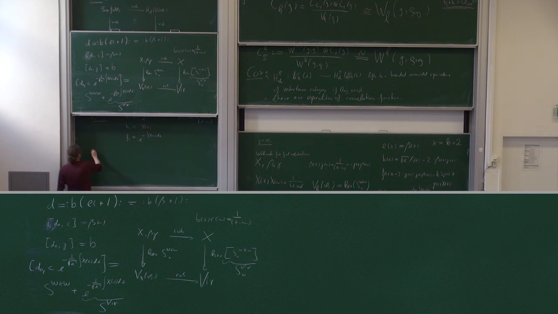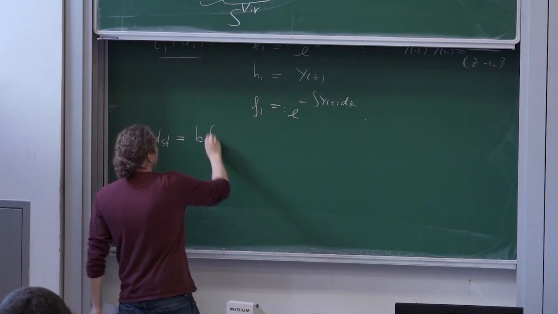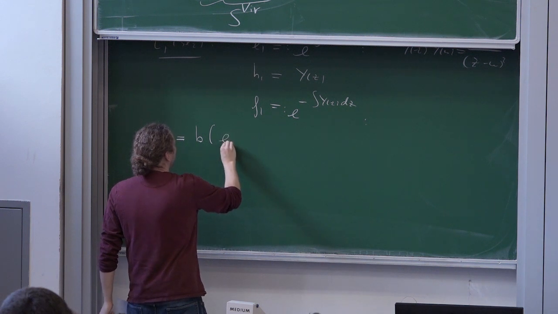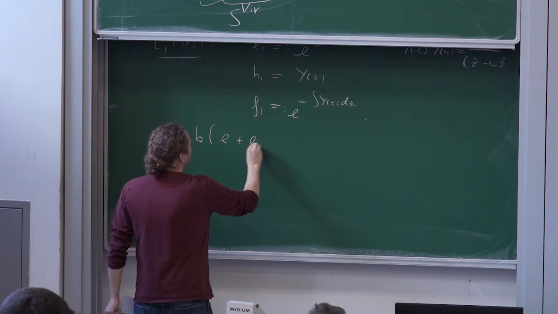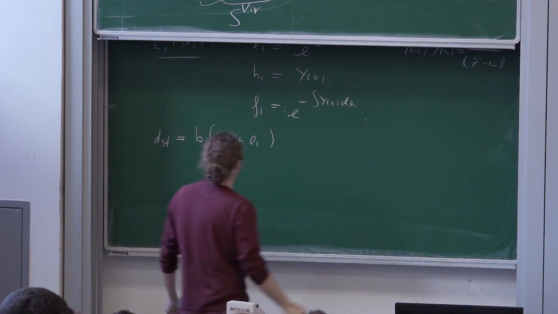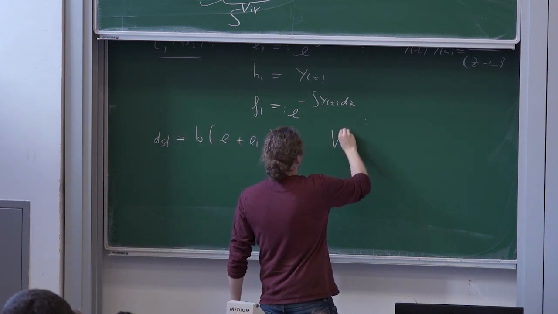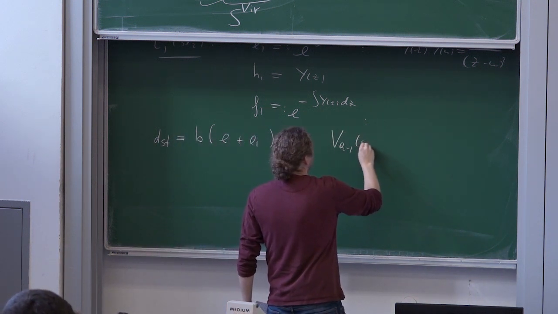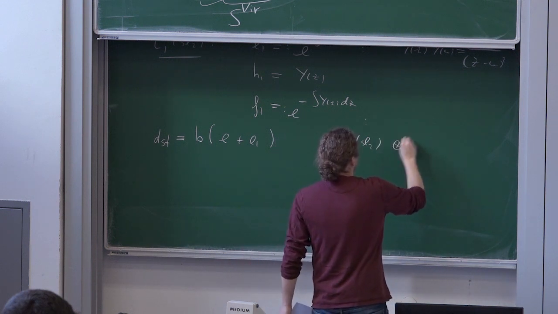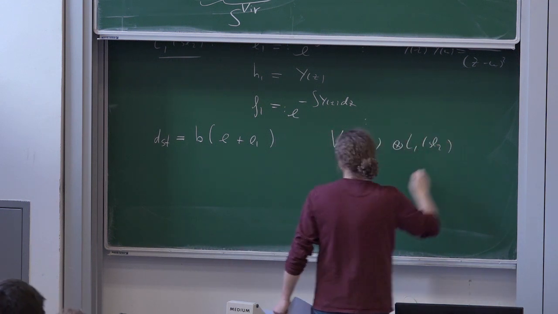I take the standard semi-infinite algebra cohomology on the diagonal SL2 algebra. So I take the differential B times my E plus my E1. So this is now inside V_{k-1} SL2 times L_1 SL2.